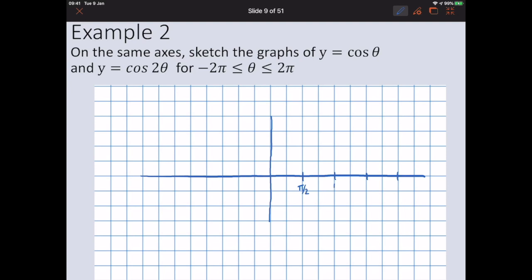Pi over 2, pi, 3 pi over 2, 2 pi, minus pi over 2, minus pi, minus 3 pi over 2, and minus 2 pi. So there's our theta axis, there's our y-axis.